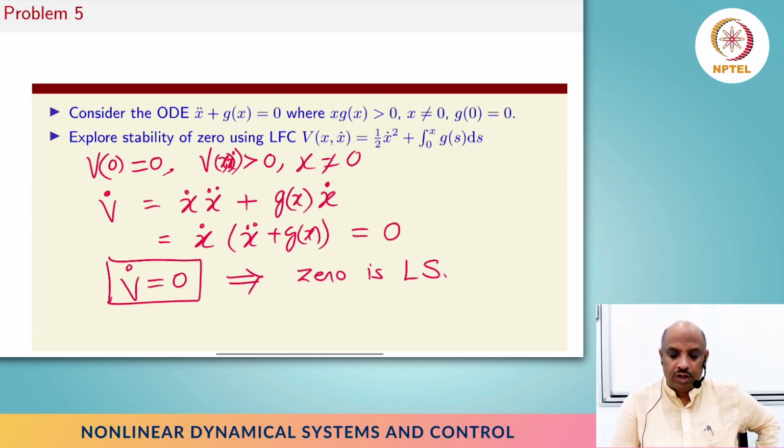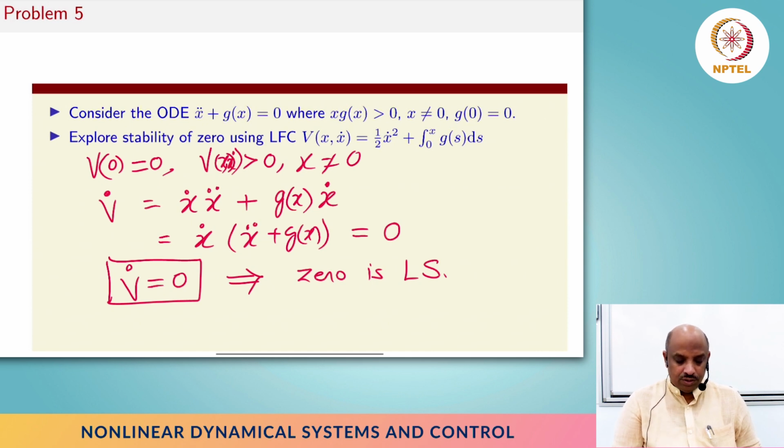Certainly we cannot conclude that this zero solution, the equilibrium point, is asymptotically stable, at least using this particular function. Can we use the LaSalle theorem? Well, we don't have any information beyond that. Basically, V dot is 0.